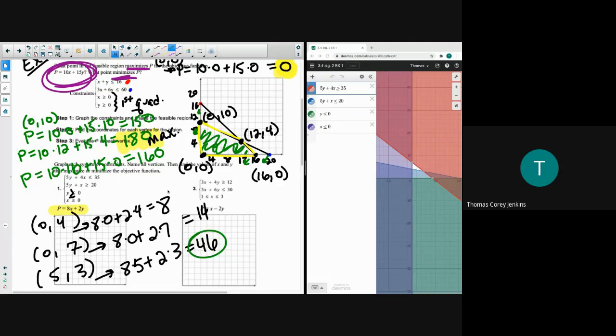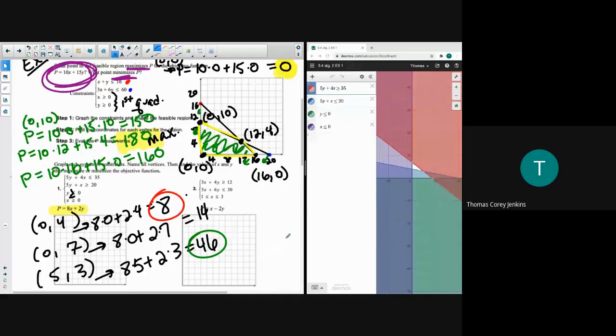Right, so to officially answer the question, the point that minimizes is 0, 0, and the point that maximizes is 5, 3.